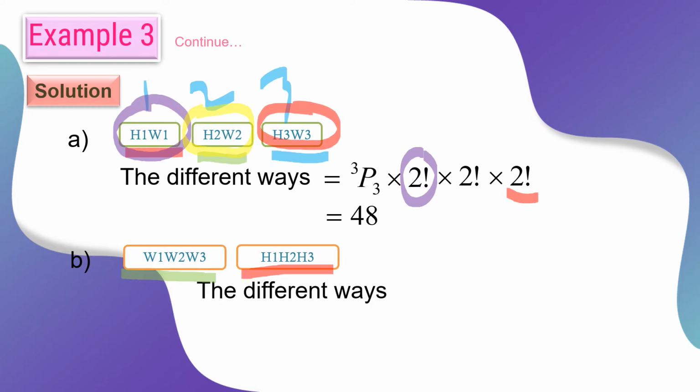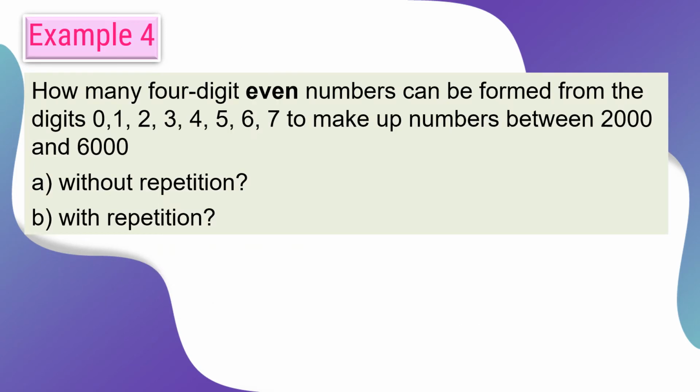So now for B, how to calculate? 3 factorial times 3 factorial. 3 factorial comes from the wife group, and another 3 factorial comes from the husband group, because we have husband 1, husband 2, husband 3, same like wife 1, wife 2, wife 3. So finally you get the answer 36.